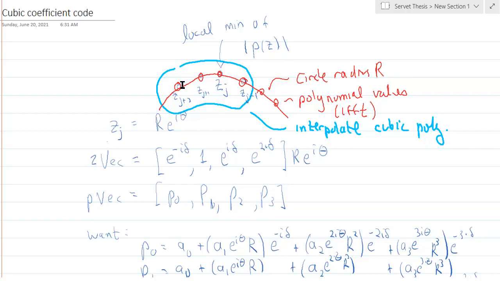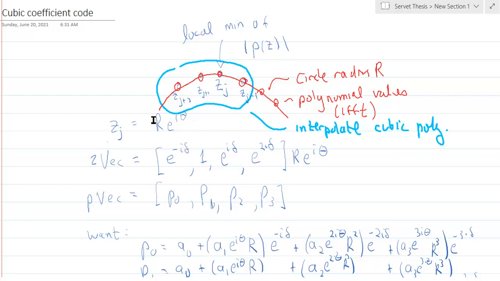Right? So if I want to get my values of z, I have 4 values of z. I'm going to arrange these in a single vector. So this is Zj minus 1 here. This is Zj. This is Zj plus 1. This is Zj plus 2. So notice all of these are multiplied by Zj.